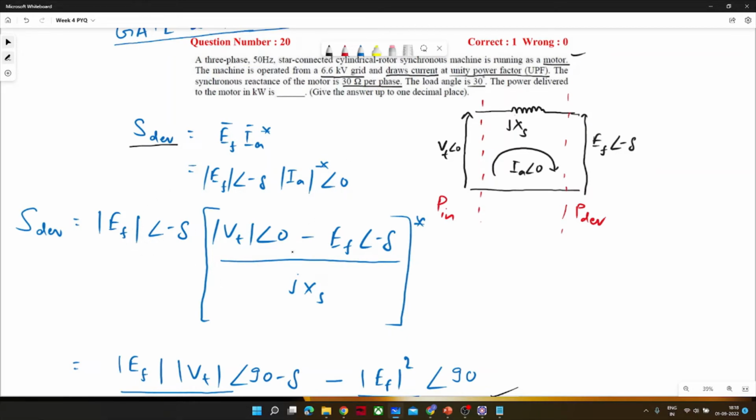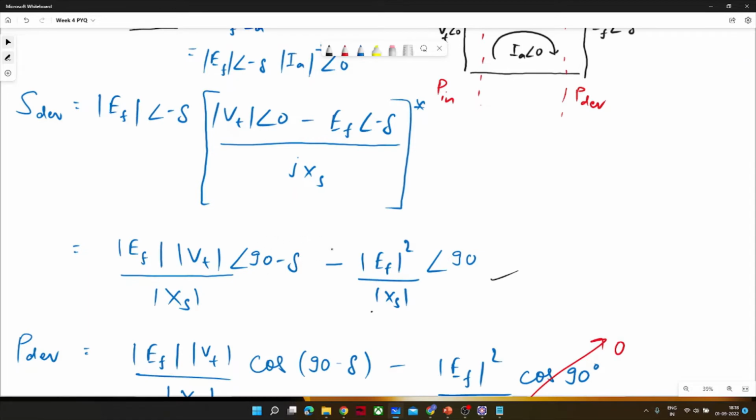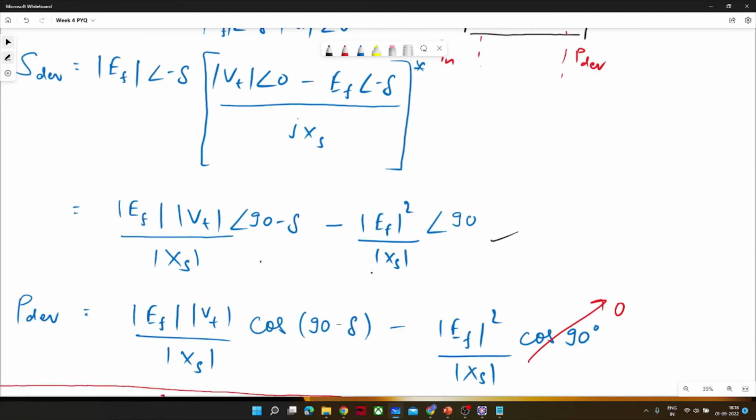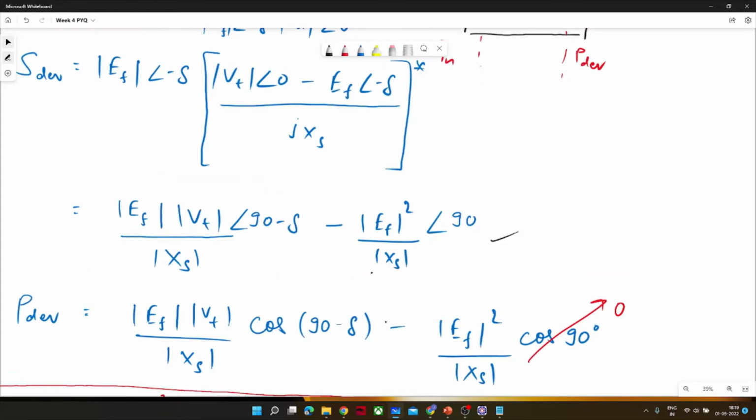So I did all the mathematical jugglery, and here I reached this point. This is the expression in phasor form, and if we break it into two components, we will get this component. So cos 90 would be 0, and cos(90 minus delta) would be sine delta.